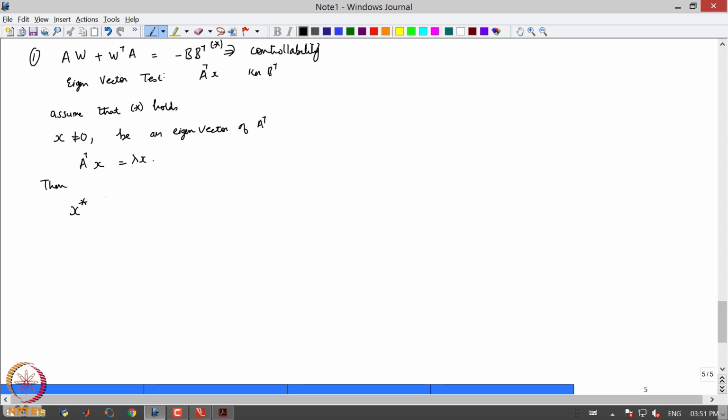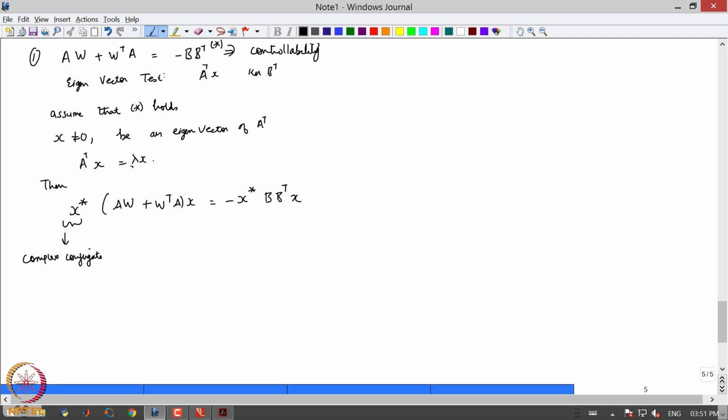So, x star A W x plus x star W A transpose x is equal to negative of x star B B transpose x. Here x star is the complex conjugate, because these lambdas can actually be complex numbers also.